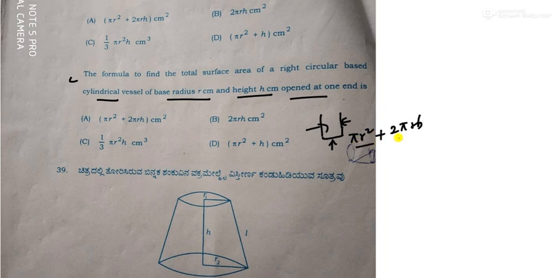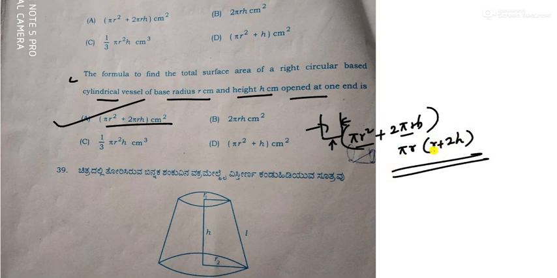So when you add, pi r is common. Yes, here they have given directly option number A. Even if they had given the r plus 2h option, even that is correct, but since they have given it directly, option number A will be right.